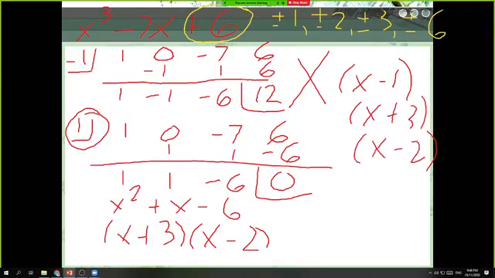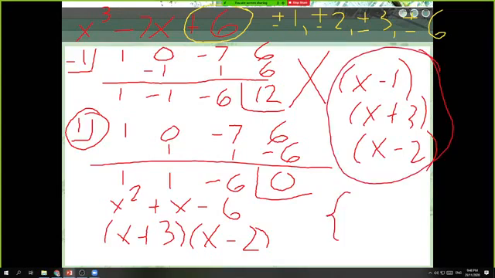So, these are my factors. And what are my roots? The roots are positive 1 for x minus 1, negative 3 for x plus 3, and positive 2 for x minus 2. And there you have it. Those are your factors, and those are your roots.